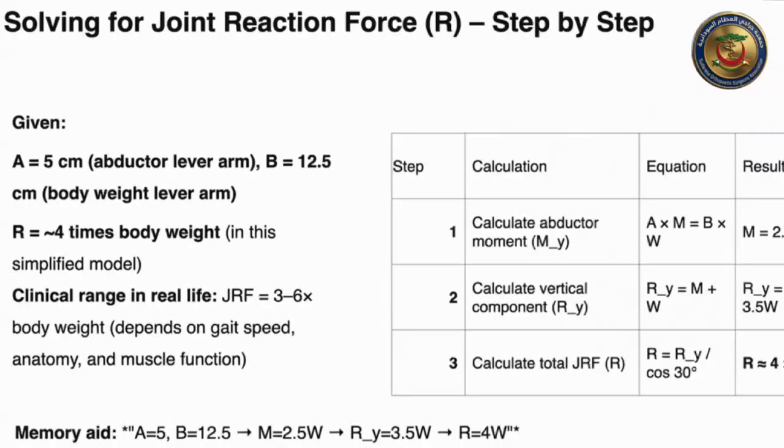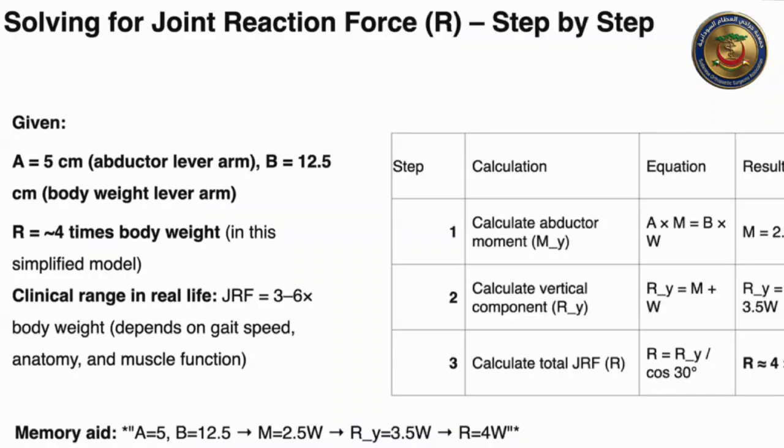Now, we're going to go through the calculation of the joint reaction force step by step. As we saw in the previous slides, A, the abductor lever arm, is almost 5 centimeters. B, the body weight lever arm, is almost 12.5 centimeters. And R, the reaction force, is 4 times body weight. How do we calculate that?